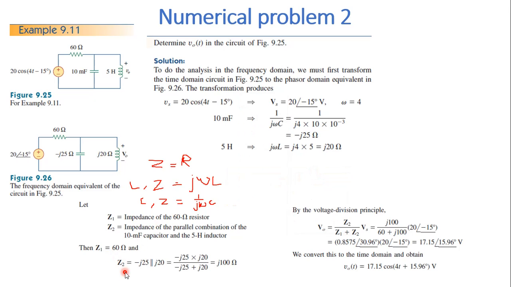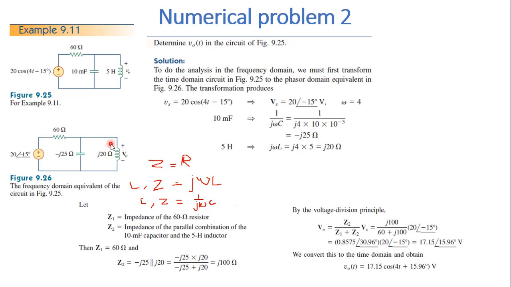So Z2 is minus j25 ohms parallel with j20 ohms. So this is Z2, and now to find V0 we can just apply the voltage division principle, because you can see that these two branches are in parallel.